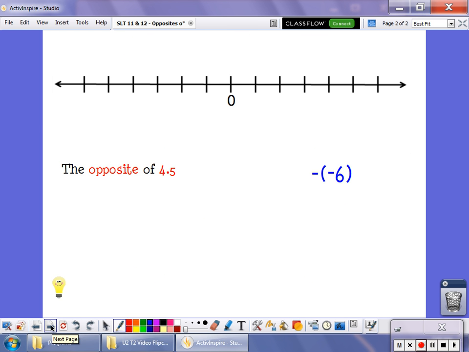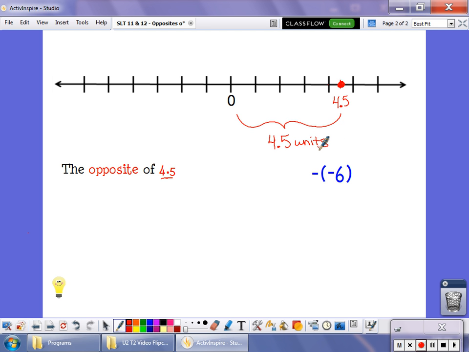We can also find opposites of rational numbers, numbers that aren't whole numbers. In this case, we want the opposite of 4 and 5/10. 4 and 5/10 is 4 and a half. So first things first, let's put 4.5 or 4 and 5/10 on my number line. 1, 2, 3, 4. 4 and a half is going to be right here. And I know this is 4 and a half units in the positive direction.